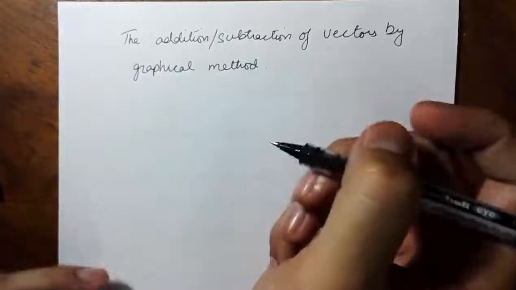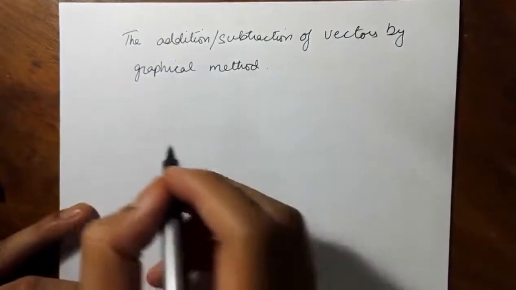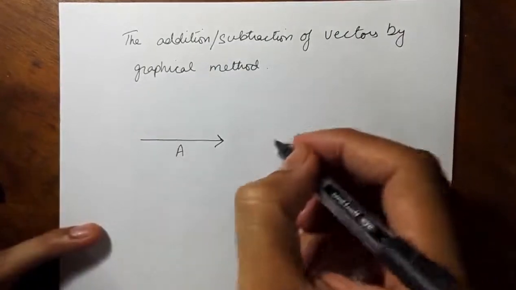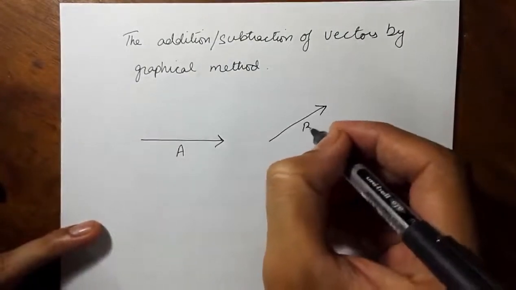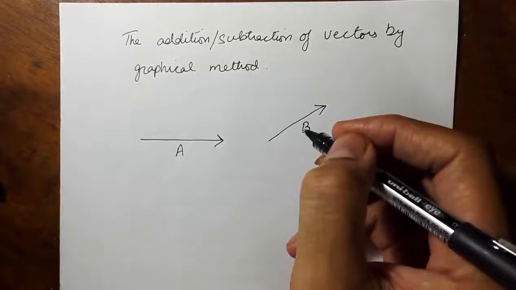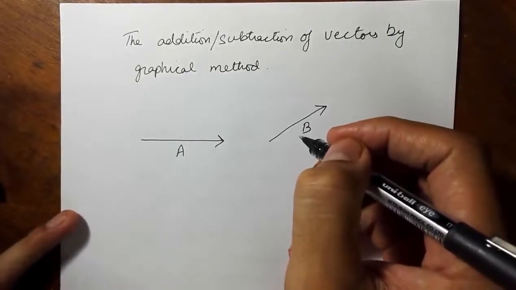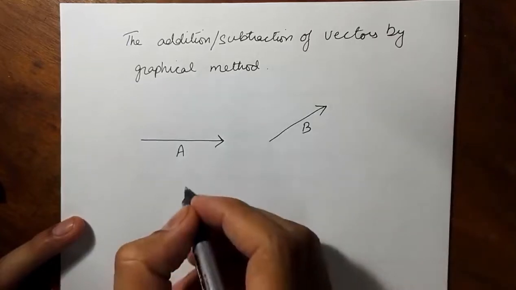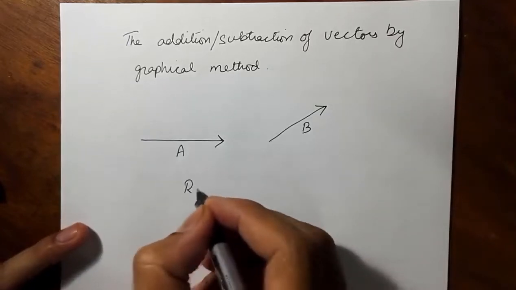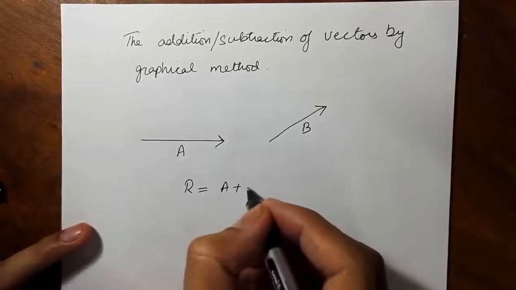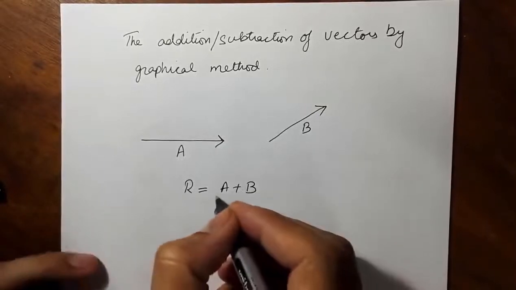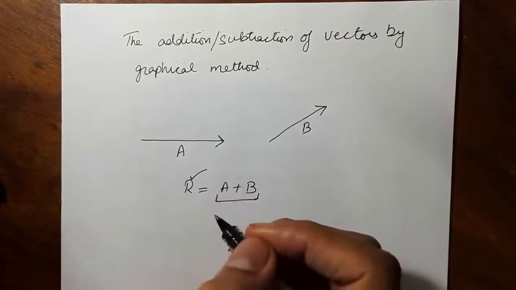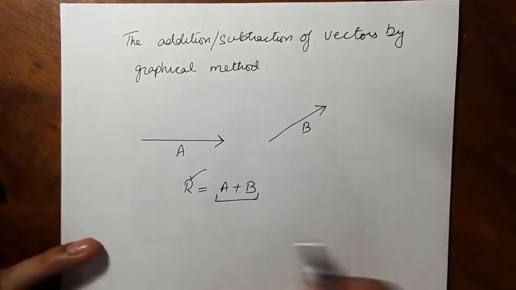Let's suppose there is a vector A and there is a vector B. If we have to add these two vectors, the answer will be a third vector, and we can say the third vector is R. So we can say R is equal to A plus B. So the answer of the addition of A and B will be R. So how we will add these two vectors?